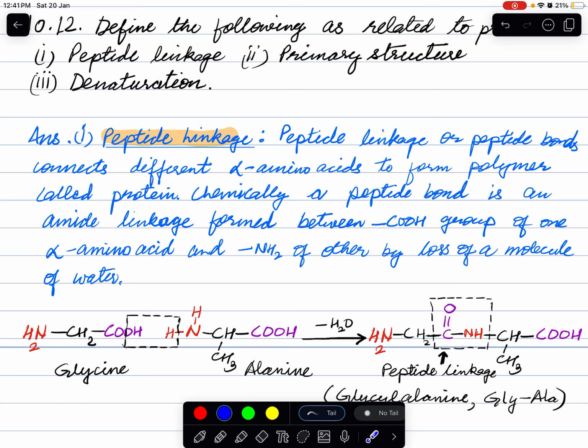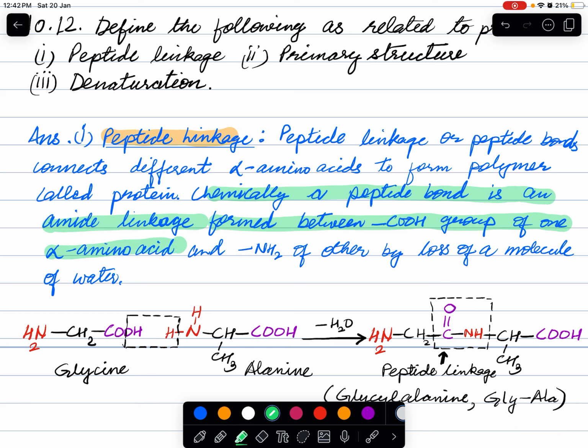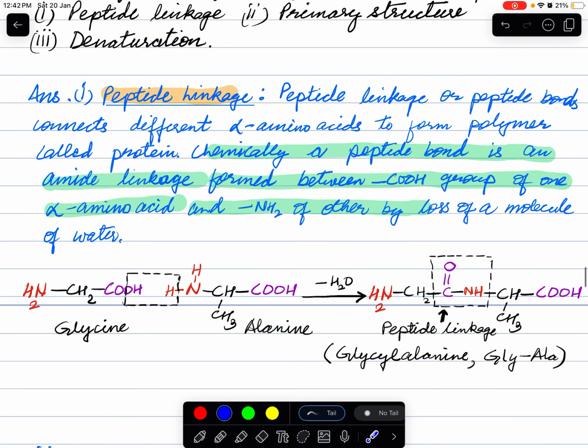Chemically, a peptide bond is an amide linkage formed between the carboxylic group of one alpha amino acid and the NH2 group of another, by the loss of a molecule of water. So this is how peptide linkage formation takes place.